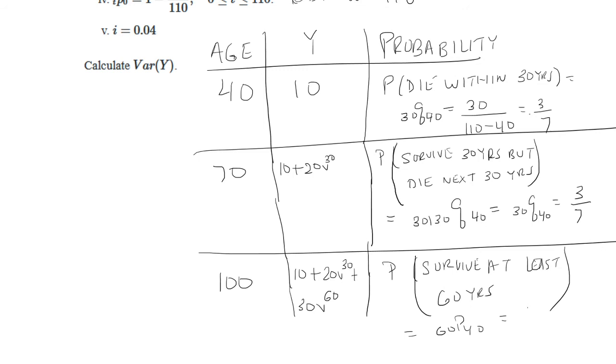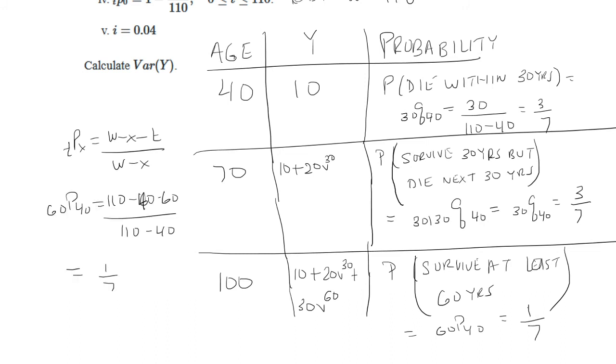Another way to do this is the probability formula is like this. So we have 60p40, so we still get 1/7.